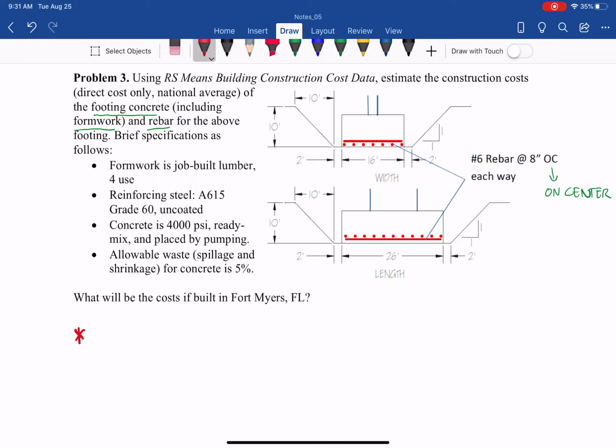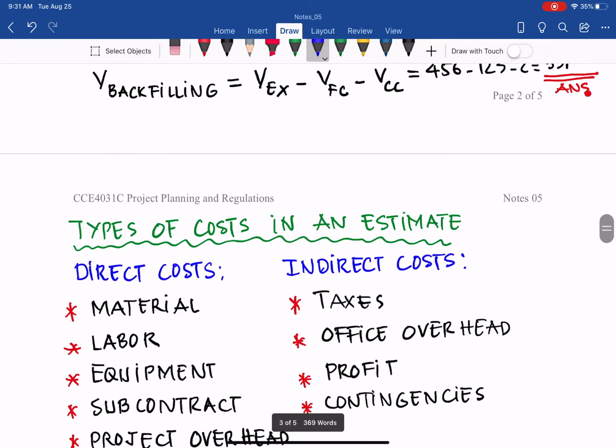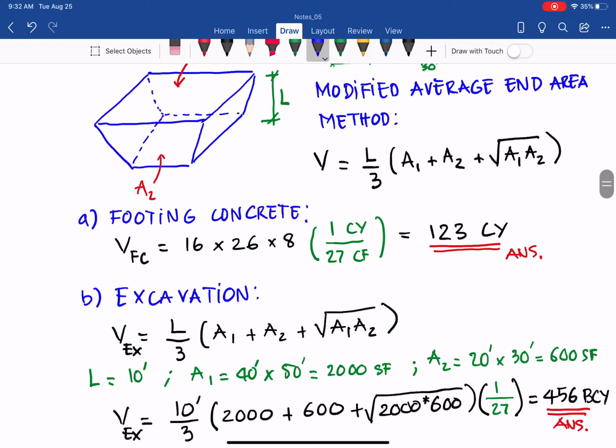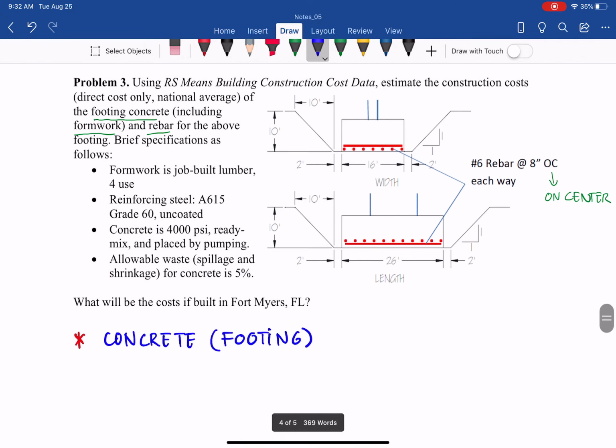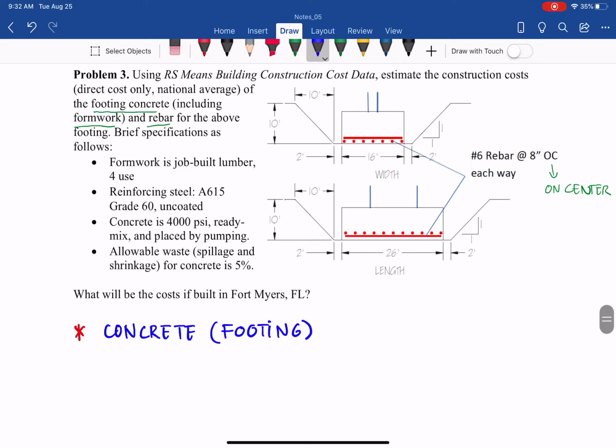The first one is we want to determine the concrete of the footing. And yes, we can use the problem 1 result we already did, 123 cubic yards, and we add the waste that the problem gives us, because during transportation, shrinkage, spillage, etc., there is some waste. In this case the problem gives us 5%, so you can use that one.